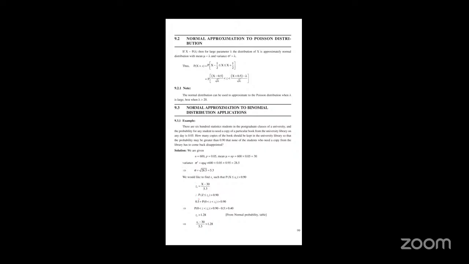Next, we take the probability of Z less than or equal to Z1, which should be greater than 0.90.